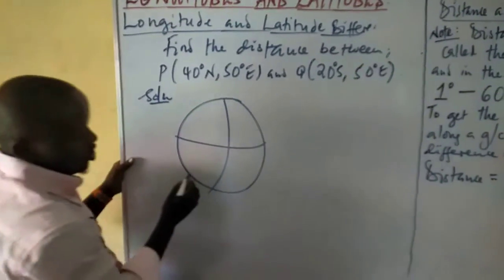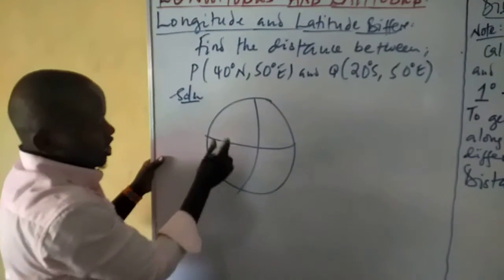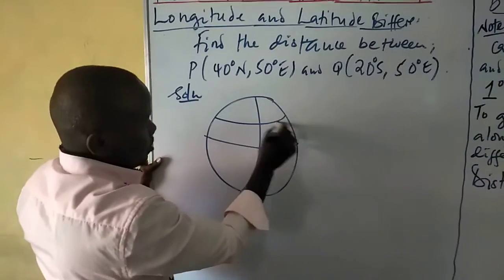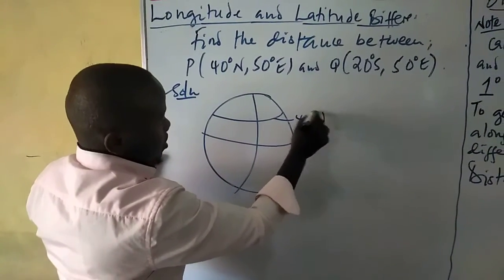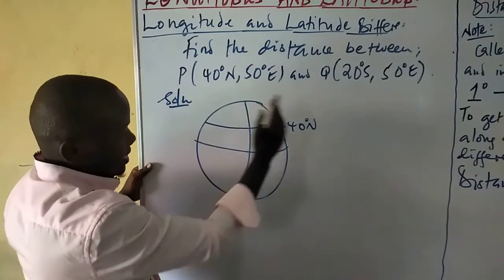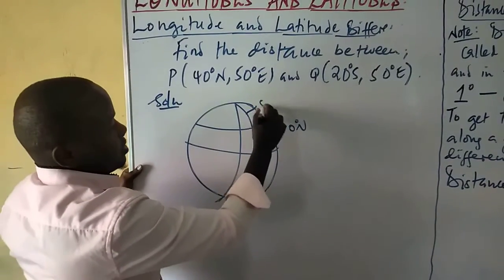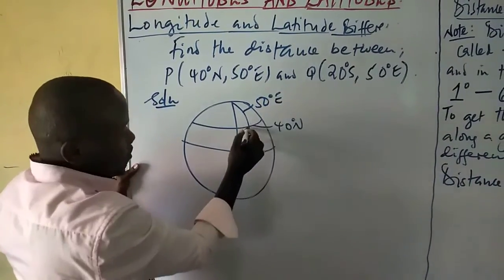0 and 0 is the equator. Therefore, P is at 40 degrees north and 50 degrees east.